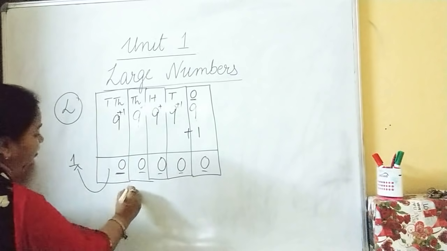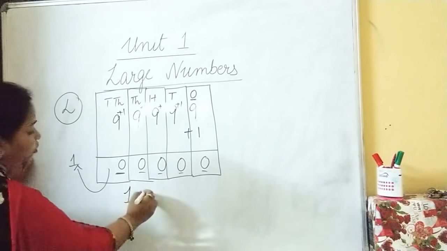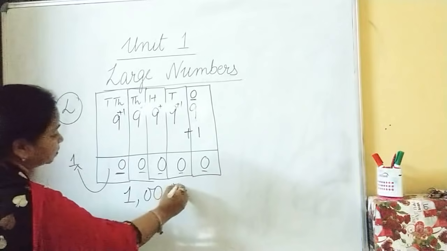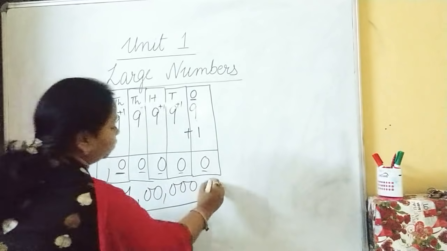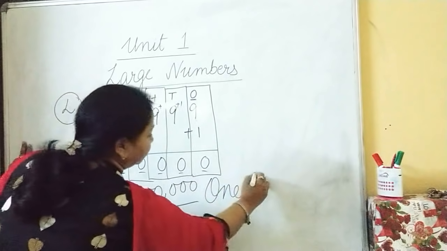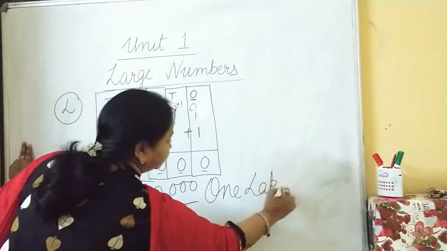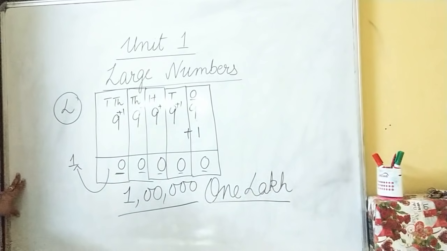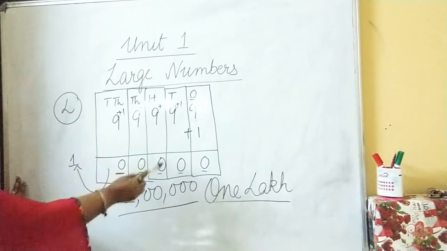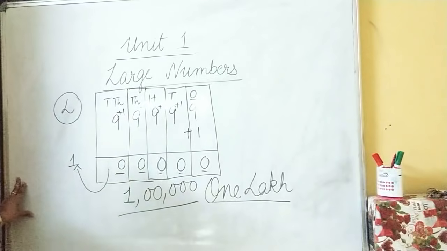So when 1 is followed by 5 zeros, we read this number as 1 lakh. Is it clear? Thus, by adding 1 to the greatest 5-digit number, we get the smallest 6-digit number, which is read as 1 lakh.